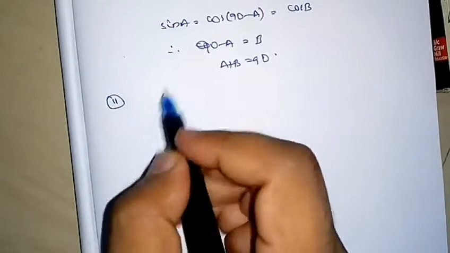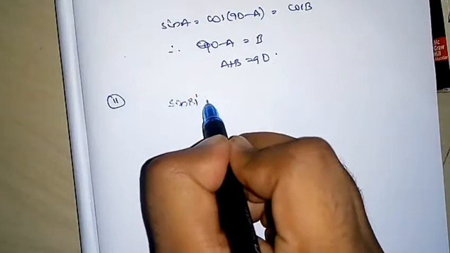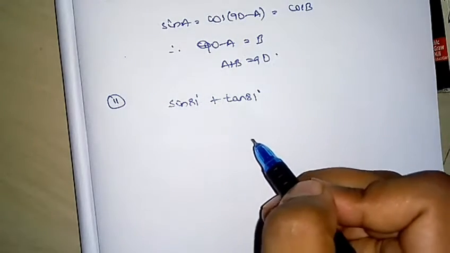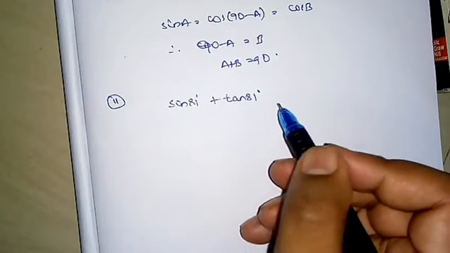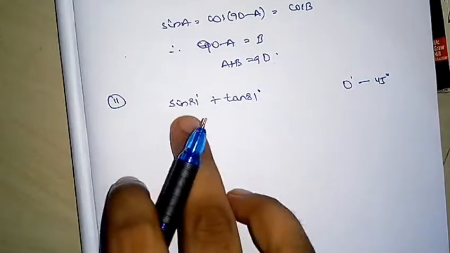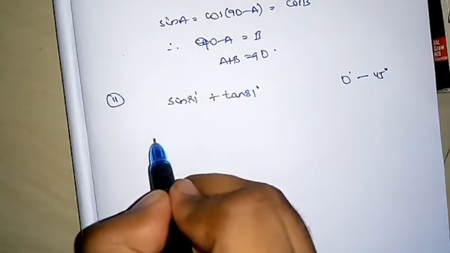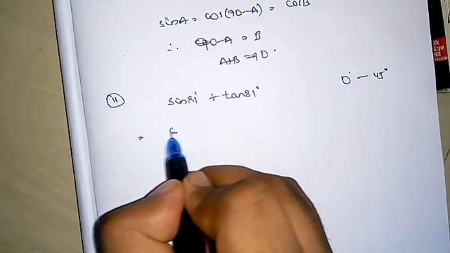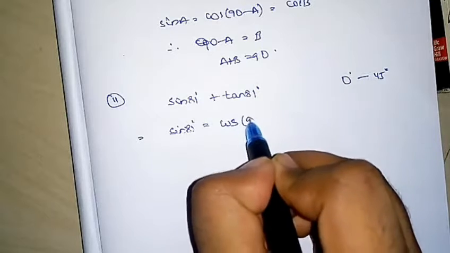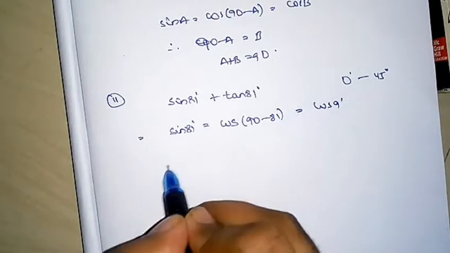11th question. Express sin 81 degrees plus tan 81 degrees in terms of trigonometric ratios of angles between 0 and 45 degrees. You have to express these angles in the range of 0 to 45 degrees. Therefore, sin 81 degrees can be written as cos 90 minus 81, which is equal to cos 9 degrees.